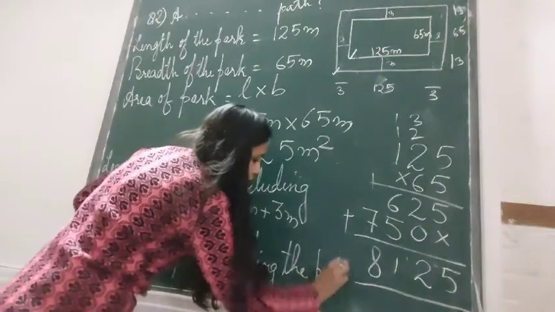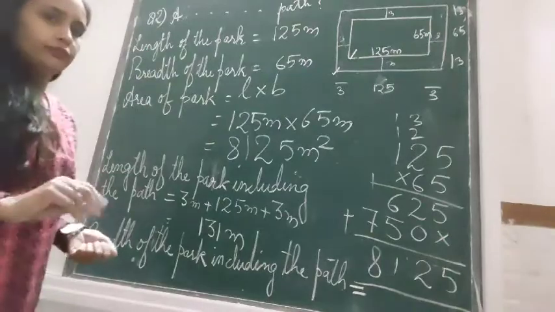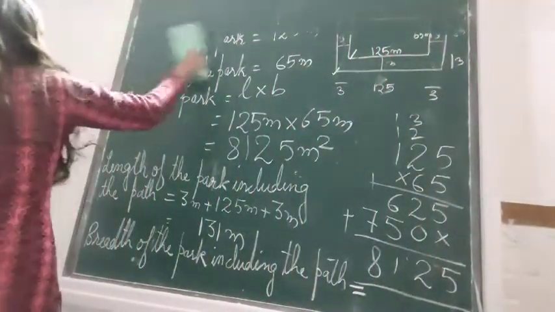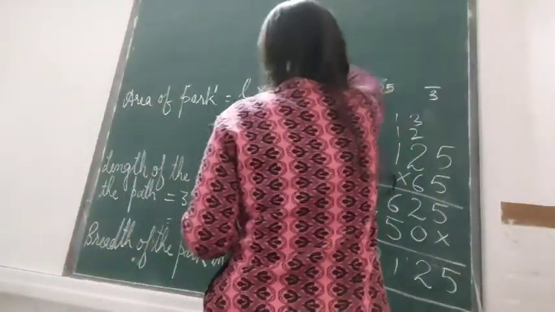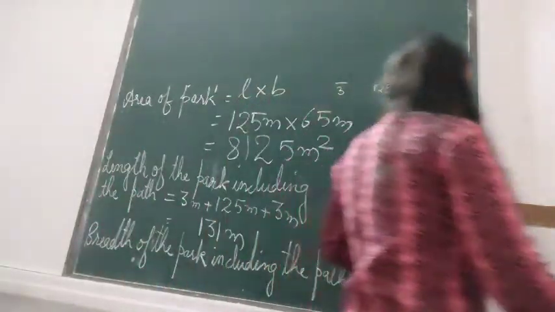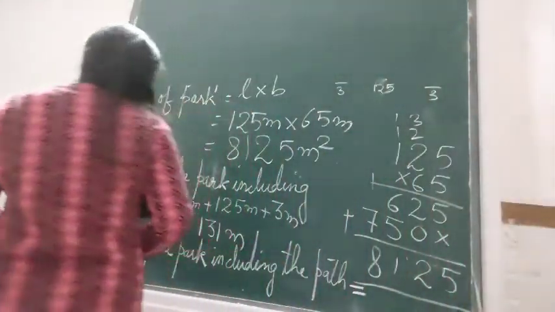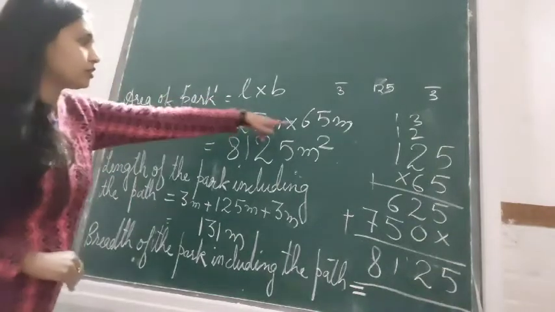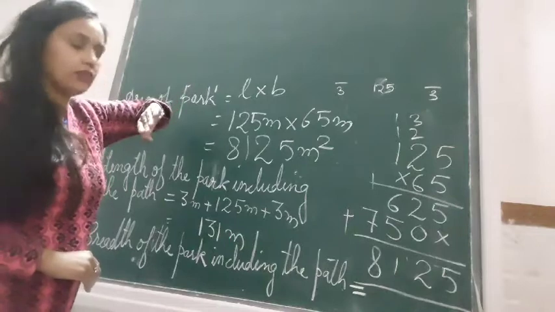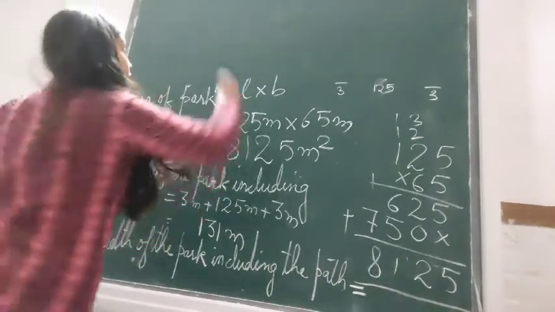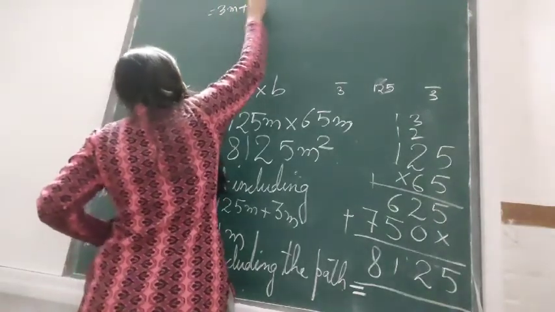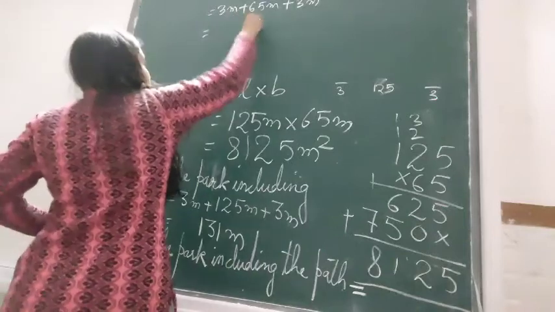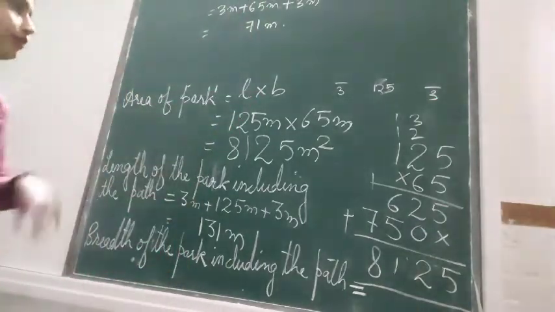Including the path, which is equal to 65, no? 65, so 3 on top and 3 at the bottom, so 3 plus 65 plus 3 meters. Now we have to find the area.